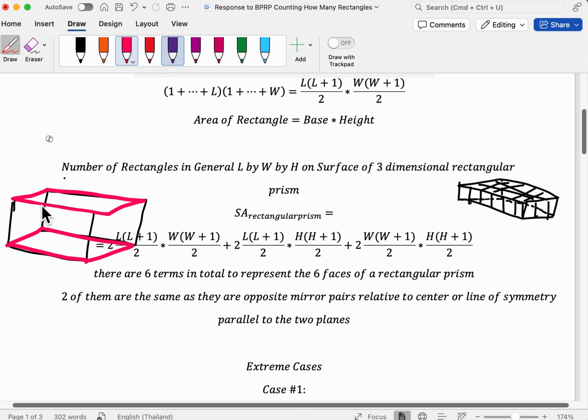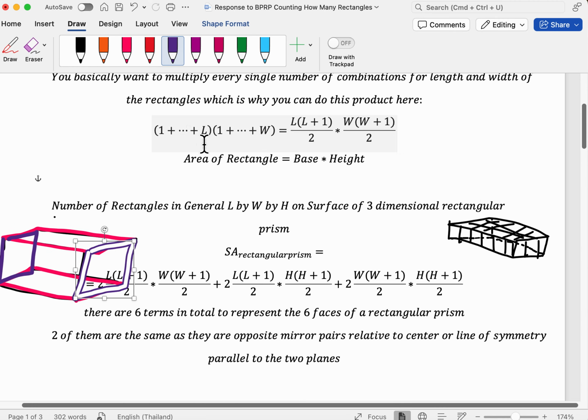And finally, the same will apply for the height if I were to draw these purple rectangles here. So as you can see, 6 surfaces are broken up into 2 pairs of 3. So you'll have 3 terms that are being added together. That means that you'll be doubling the result of the number of rectangles for each particular edge of the surface.